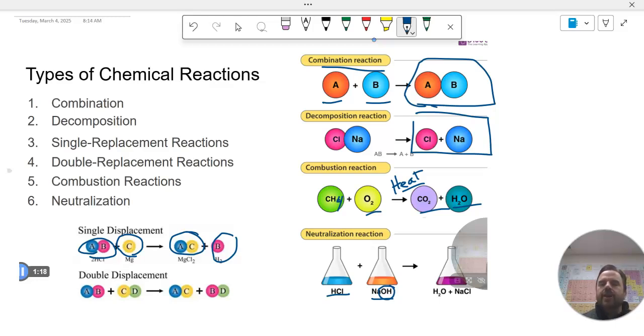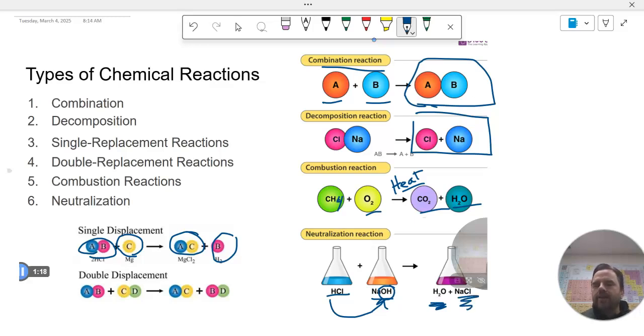Okay, in an acid-base neutralization reaction, the reason they call it neutralization is because you have this dangerous acid, hydrochloric acid, and a dangerous base, sodium hydroxide. But when you combine them, the hydrogens combine with the hydroxides to form this harmless substance called H2O, and also another harmless substance called NaCl.